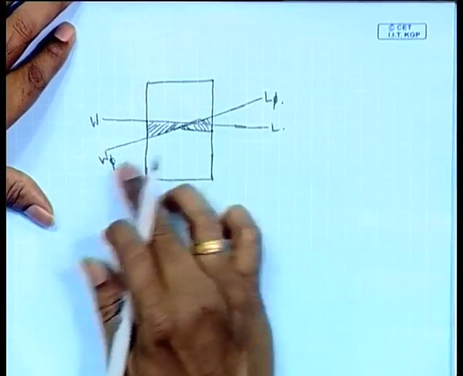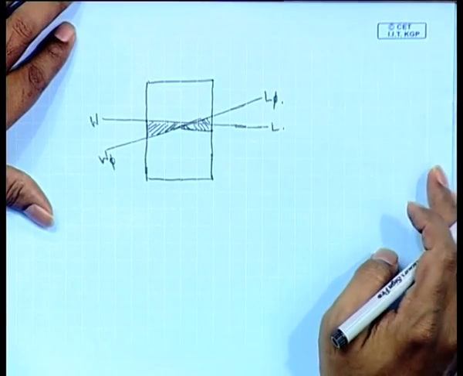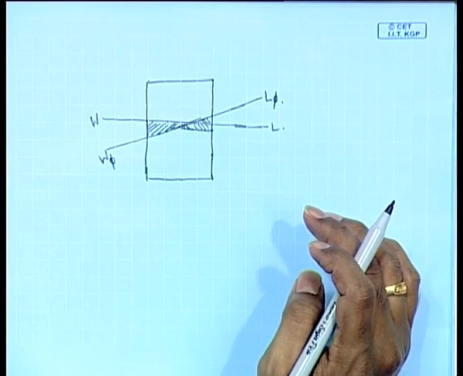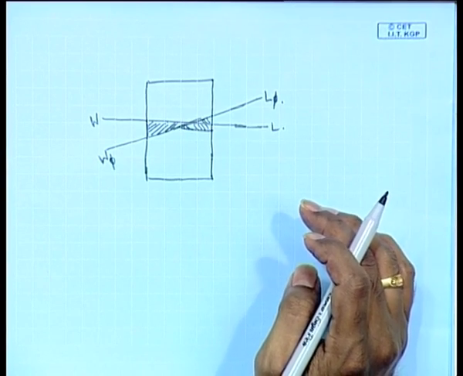So, you have WL and W phi L phi. This is how you treat the inclined water lines in the case of naval architecture. This is how we do it.